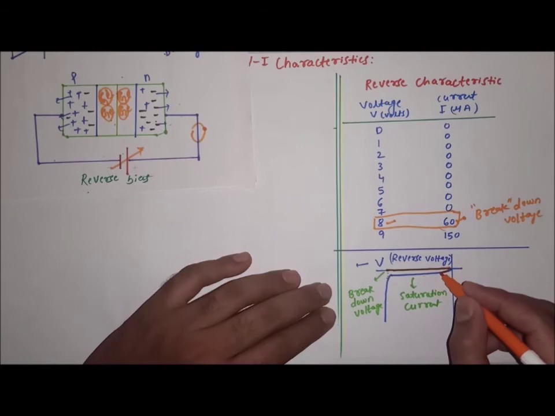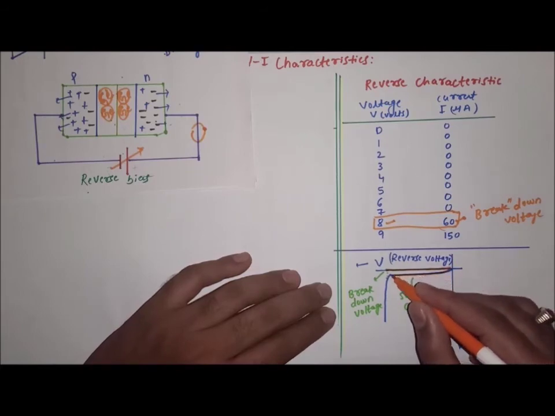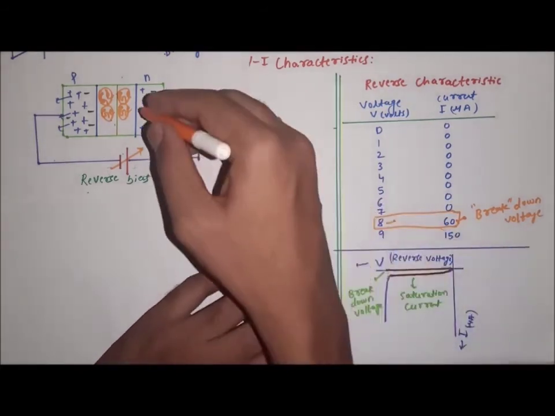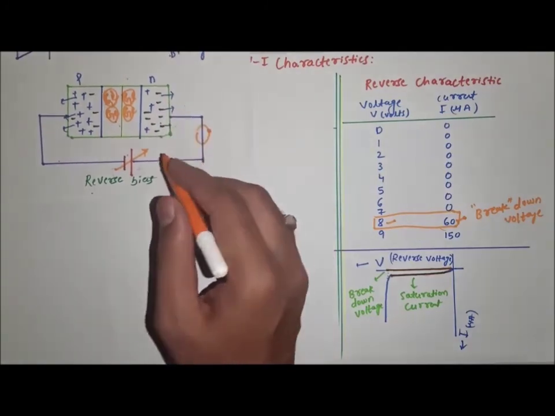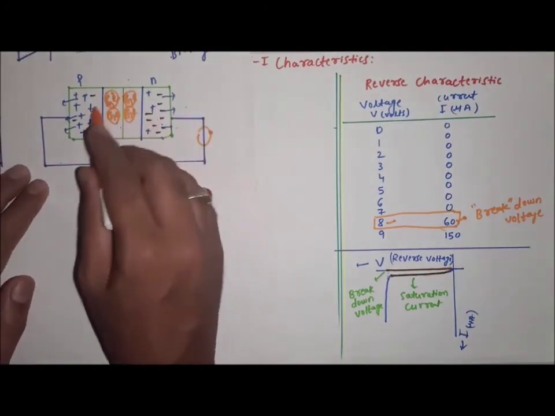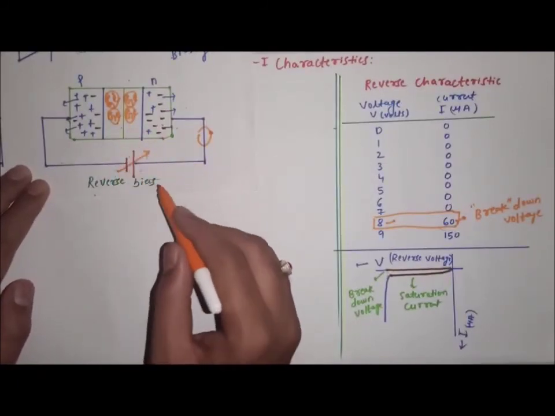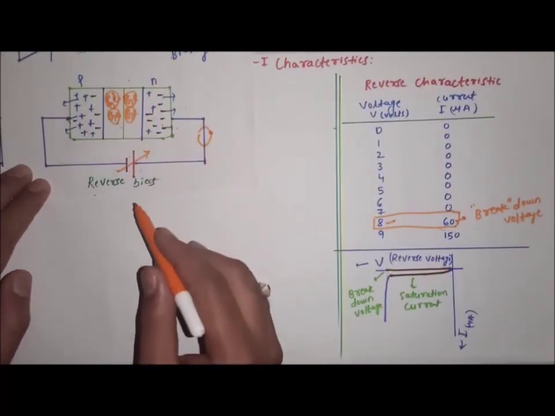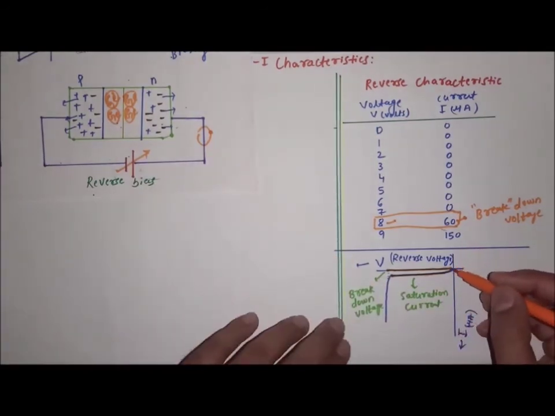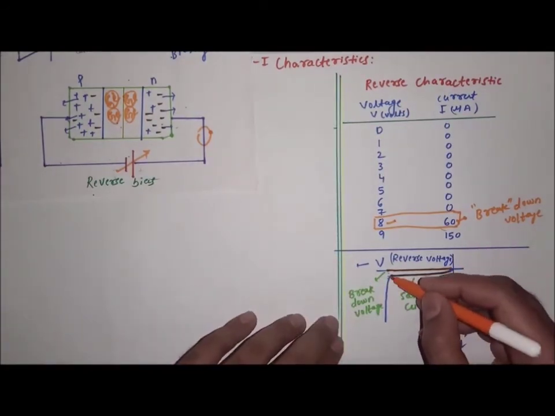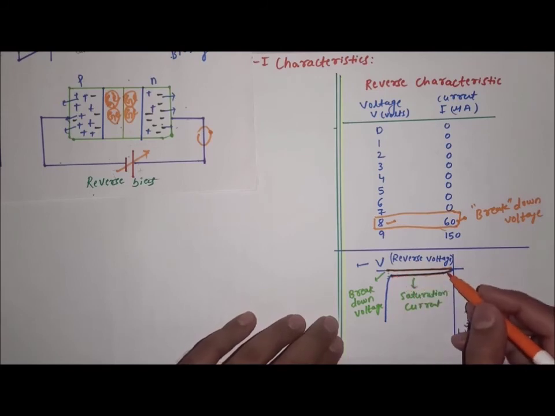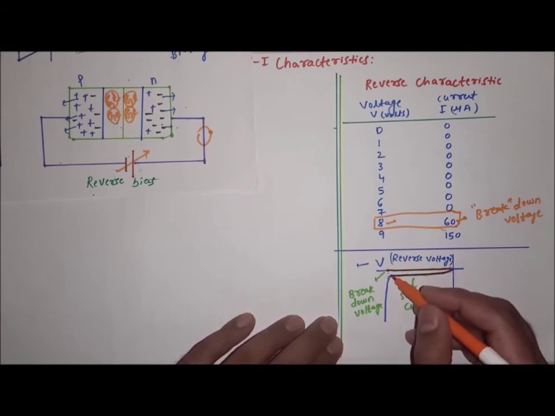But a little current is there, and that is because of minority charge carriers. The minority charge carriers can cross the junction. After applying the voltage, these minority charge carriers can cross, that produces a little current, and that is shown here. That particular current is also called dark current, and that is due to minority carriers.